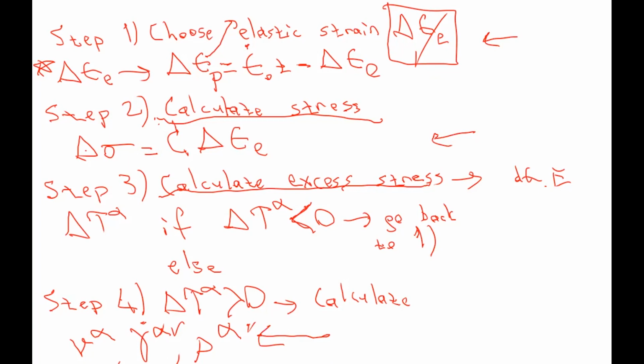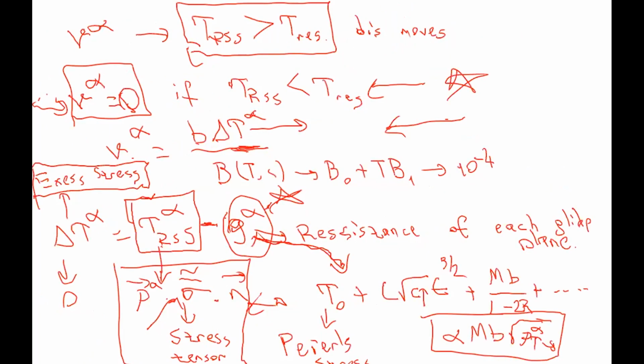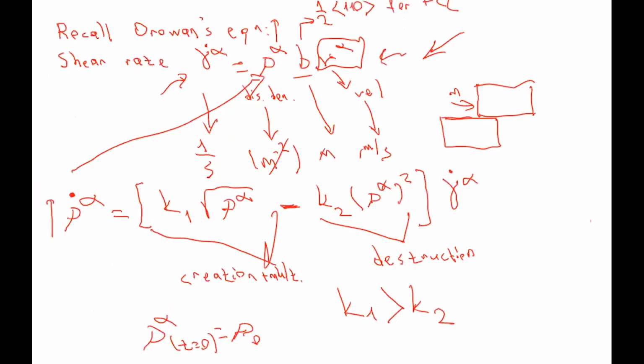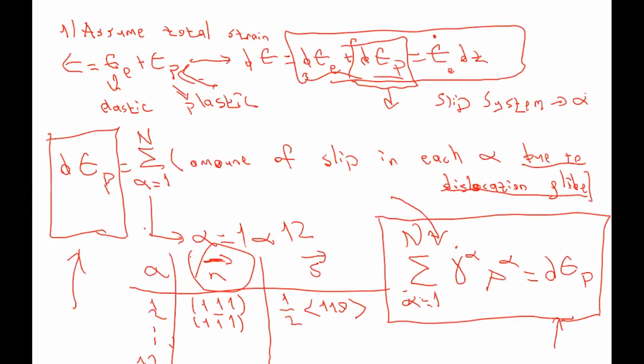Then if it is greater than 0, that means the velocity is not equal to 0. Then you need to calculate your velocity through this equation. You need to calculate your dislocation density. You need to calculate your shear rate. Dislocation density can be calculated through here. Then you calculate your shear rate.